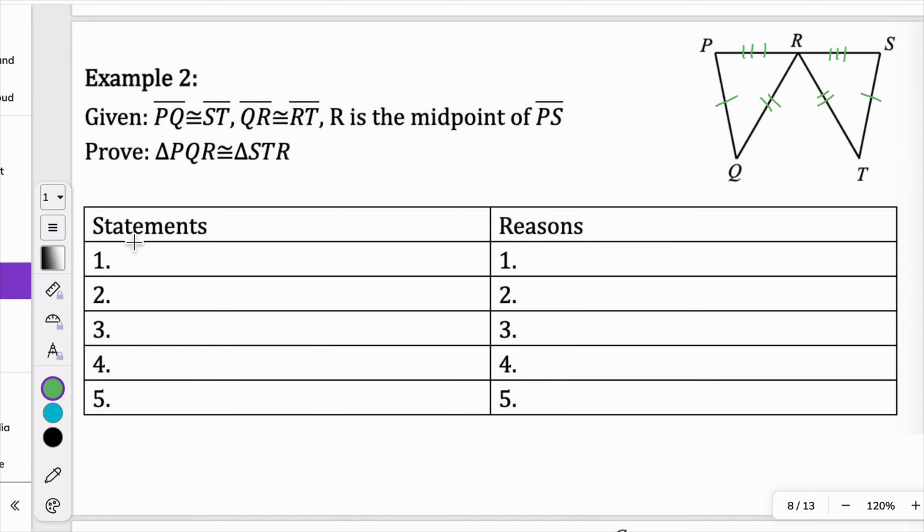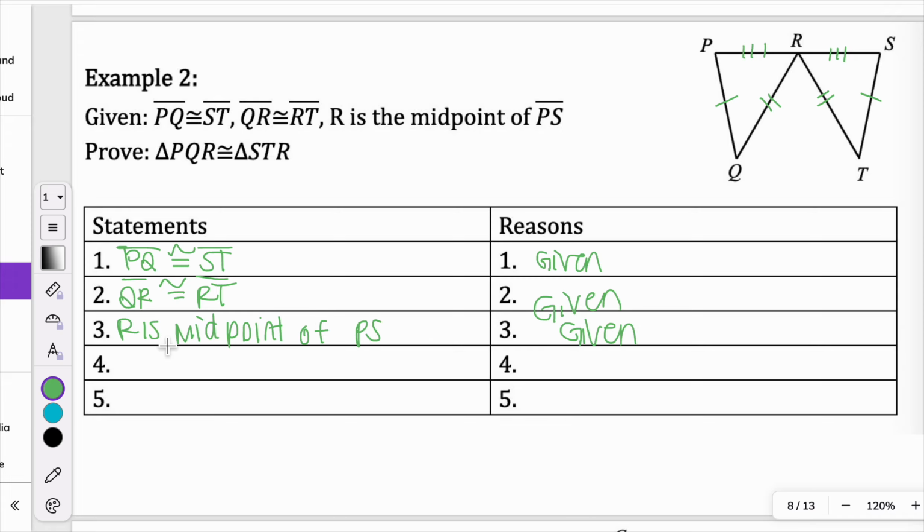So we start with our givens. PQ is congruent to side ST because that is given. We can say QR is congruent to RT because that's also given. And R is midpoint of PS, also given.